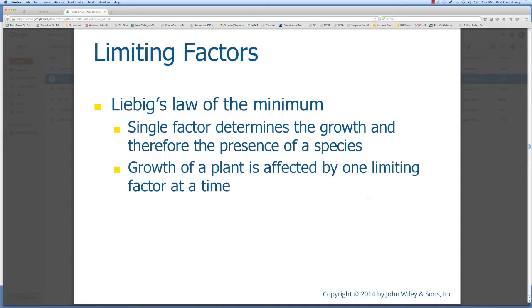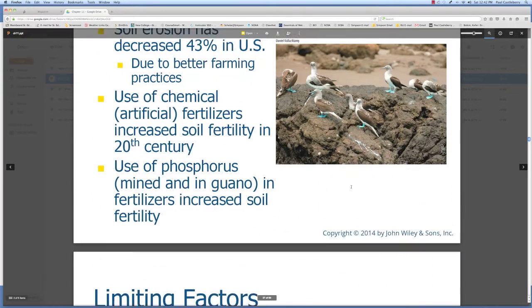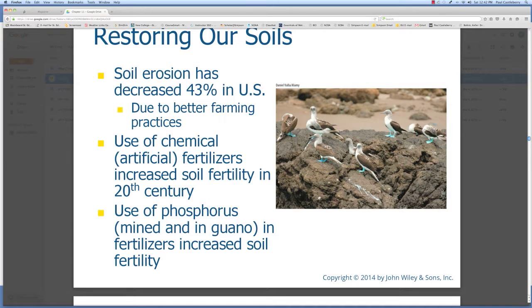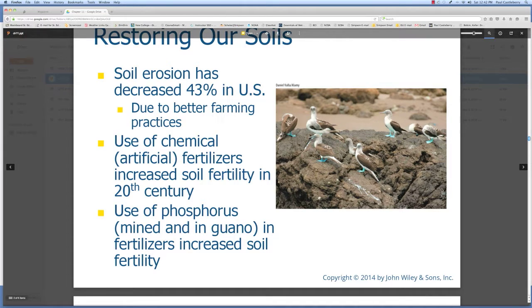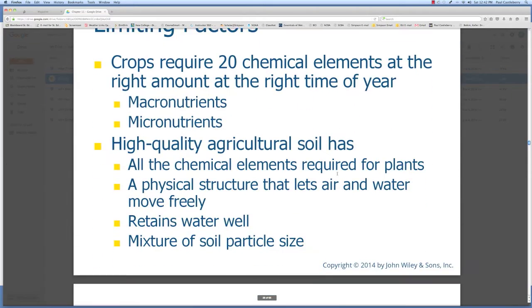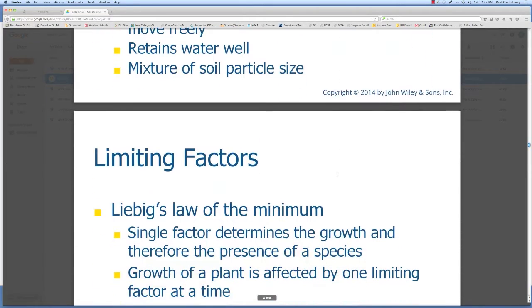Well, if you can take care of that by going back here and mining phosphorus, not only from subsurface, but also from dung or guano produced by the birds here, then you've eliminated that limiting factor.